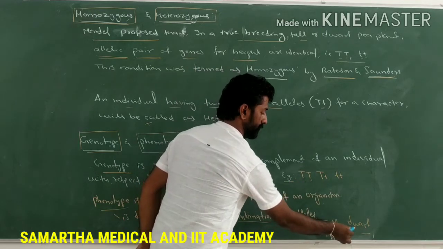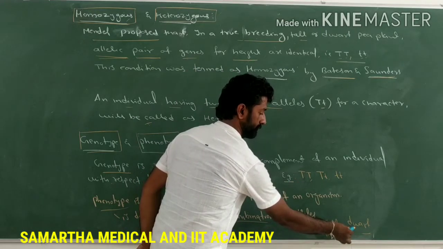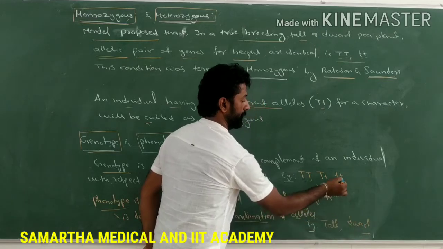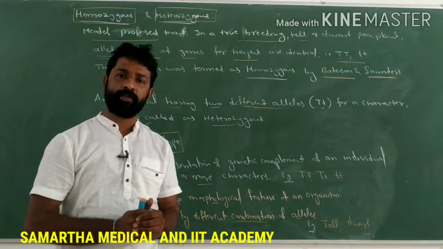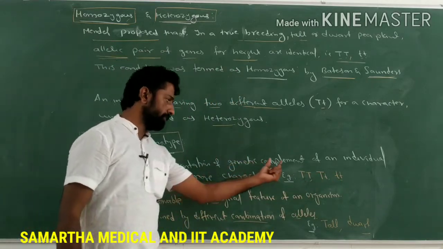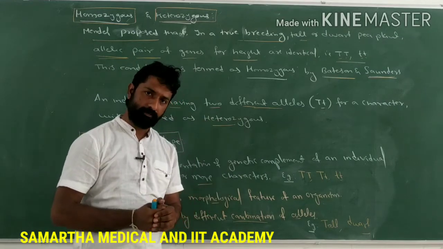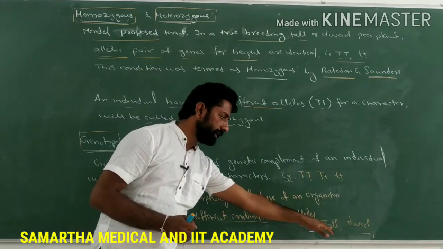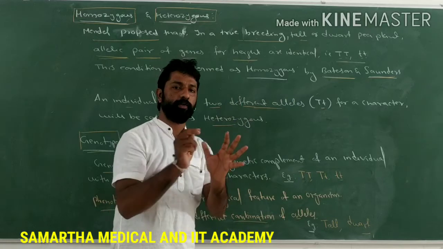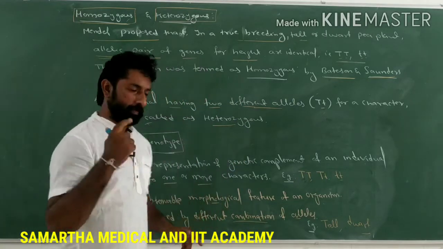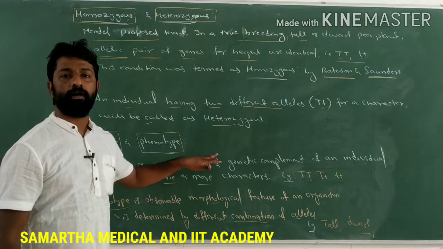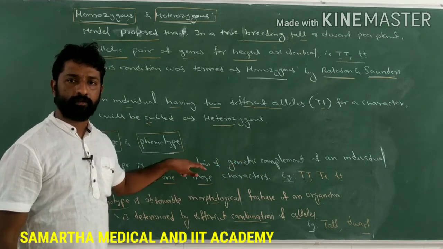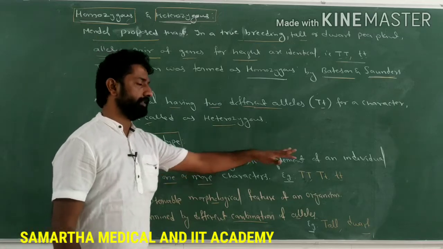Dwarf, mentioned in words, is phenotype, but written as small t as a combination of alleles, it is genotype. Genotype means we represent it as a pair or combination of alleles. Phenotype means we write in words what we observe in that organism. So the observable feature of an organism is a phenotype, and the genetic complement of that particular character is a genotype.